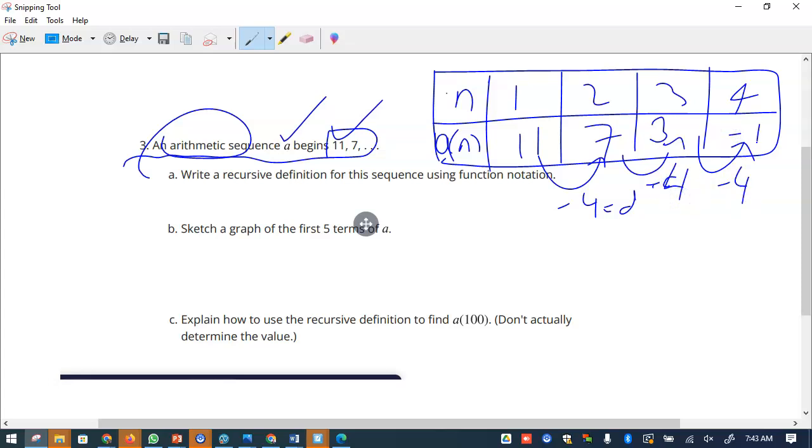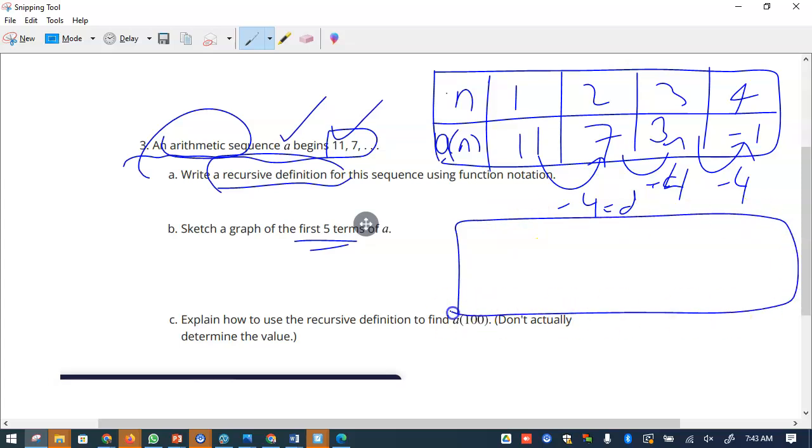So the question is, we know the answer, the first five terms, but can we write the recursive? So how do we write the recursive is the very first one, A1. So always remember, first one is 11, and so this is A1, and that is A2. This is A3. So any one, we write A of n.